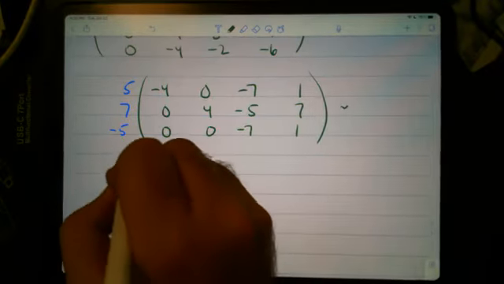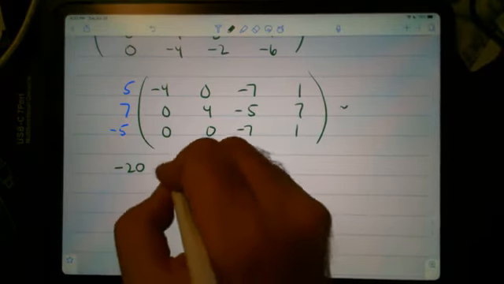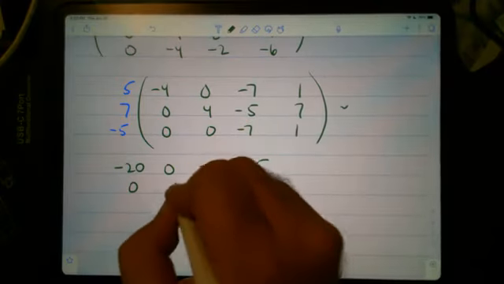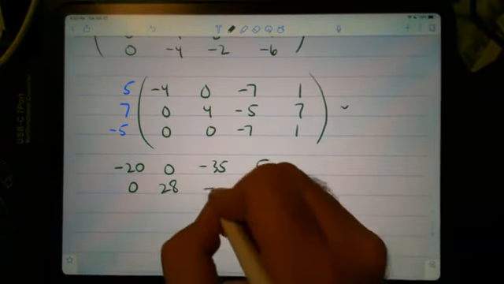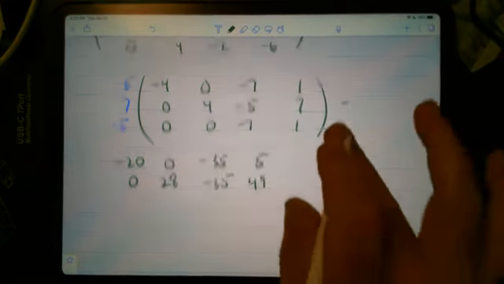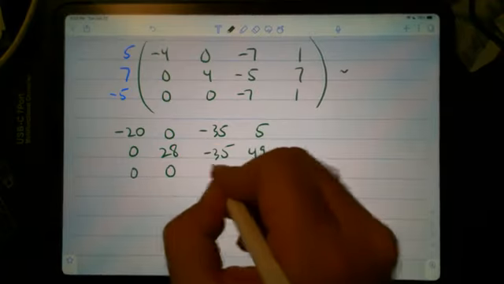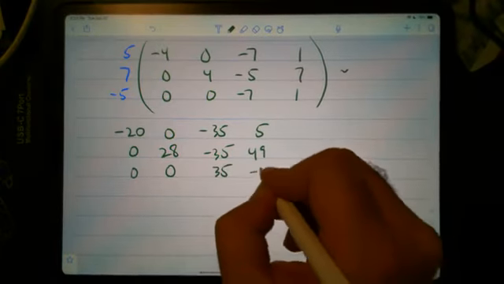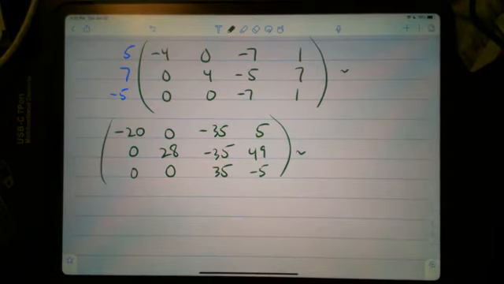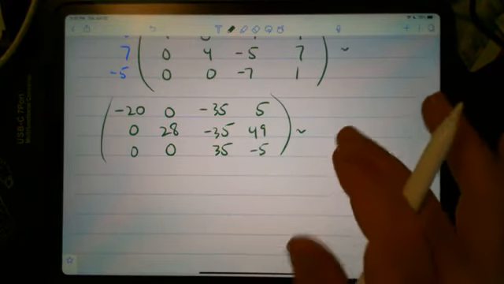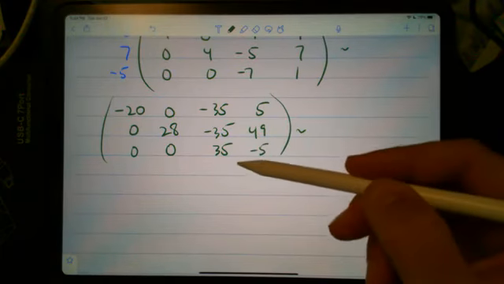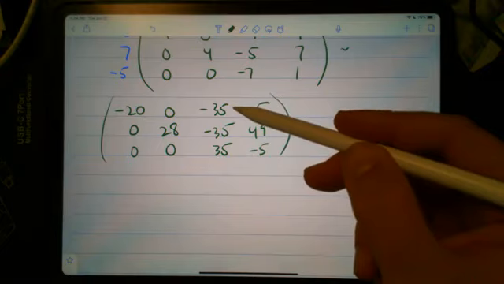This will give me, okay, so that when I add row 3 to row 1, that turns this into a 0.